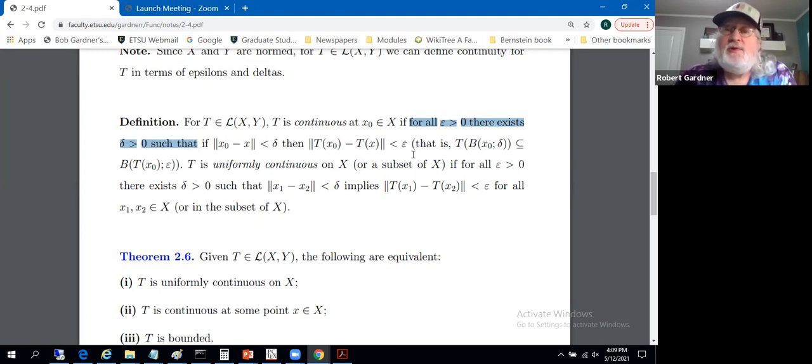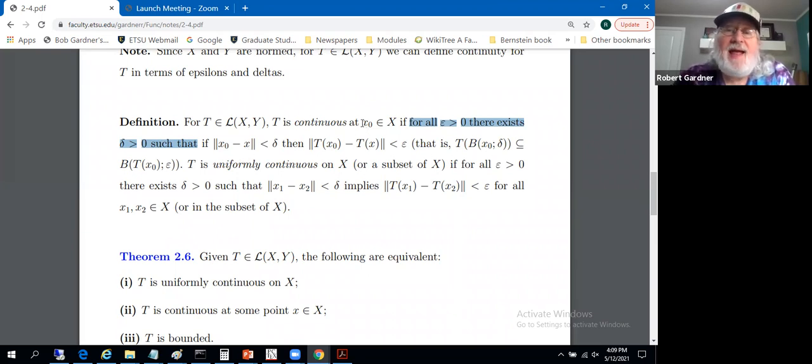In other words, for any epsilon, if we make x sufficiently close to x sub 0, where there exists a delta greater than 0, then function values are within epsilon of each other. So we can make function values as close together as you want by making input values sufficiently close together.